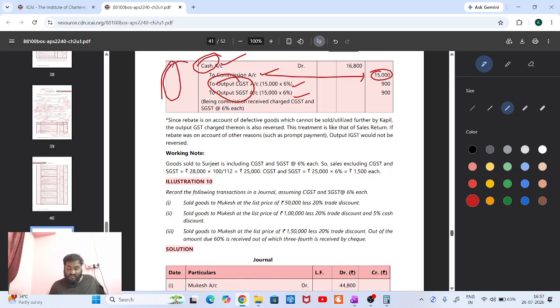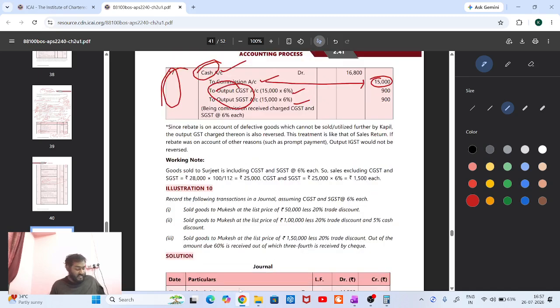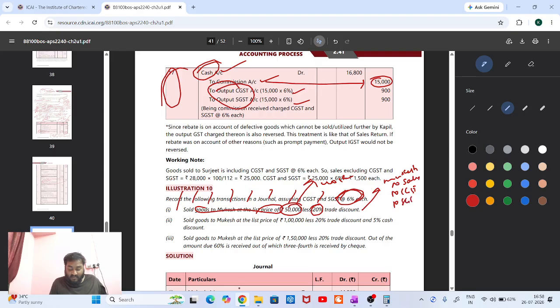And then there is a last question here. Record the following transactions in the journal, assuming CGST, SGST 6%. Sold goods to Mukesh at the listed price 50,000 minus 20%. 50,000 minus 20% is 40,000. Mukesh debit to sales, to CGST, to SGST.